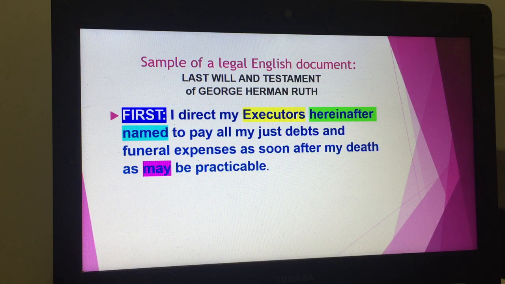And then as soon after my death, it means immediately after I die, they pay my debts and my expenses. But immediately after my death, when it's practical for them to do so, as may be practicable for them to do so.